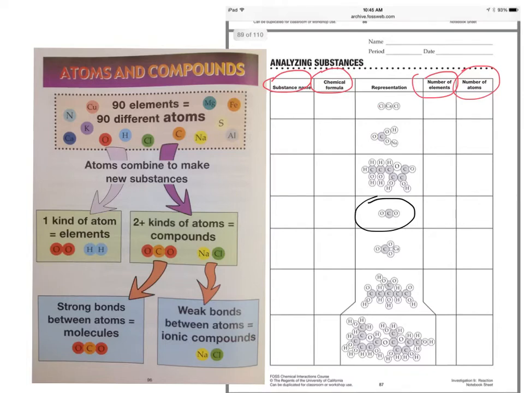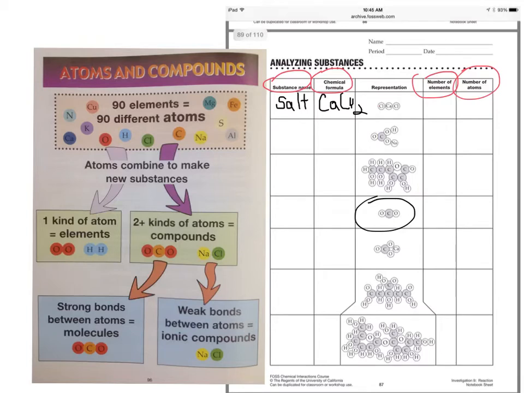So if we go through CaCl2, we would say the substance name is salt. Its chemical formula is CaCl2. I'm sorry, it's hard to write on this. Number of elements.